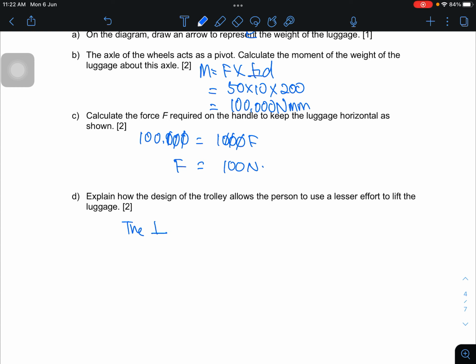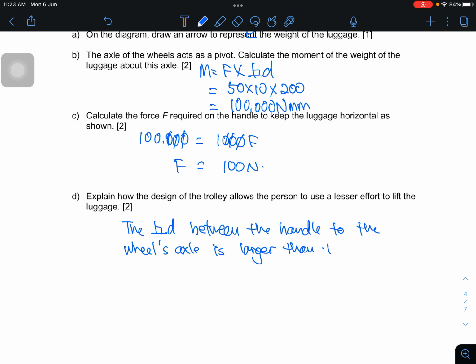The perpendicular distance between the handle to the wheel axle is larger than the perpendicular distance from the CG of the luggage to the wheel's axle.